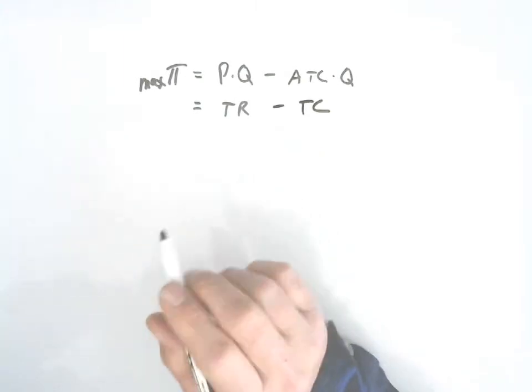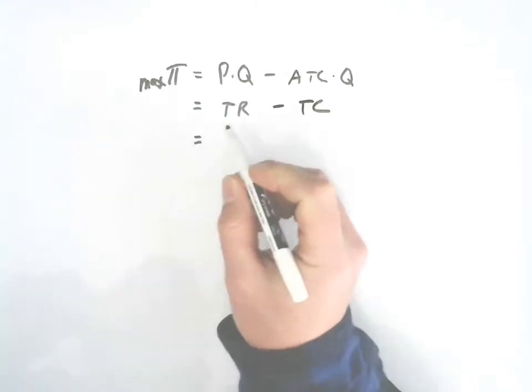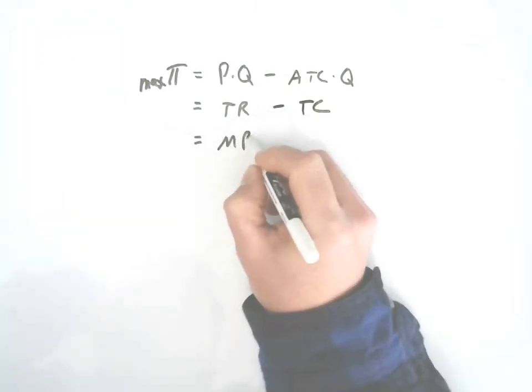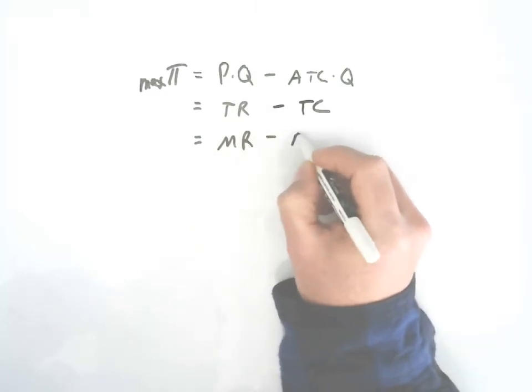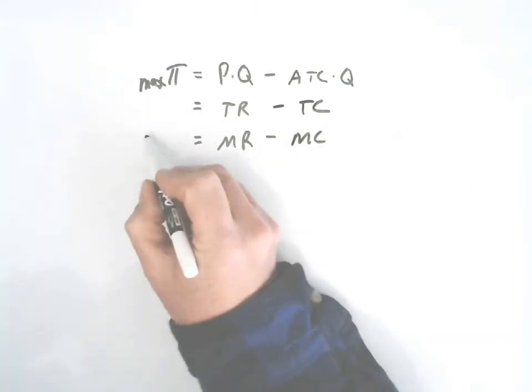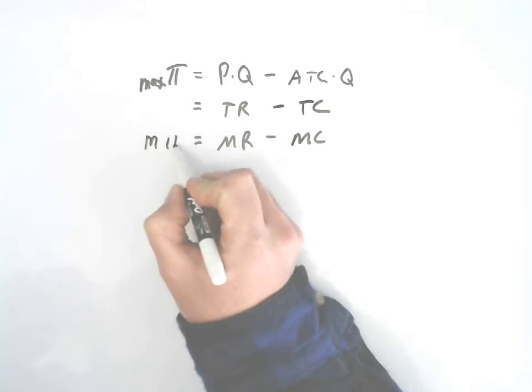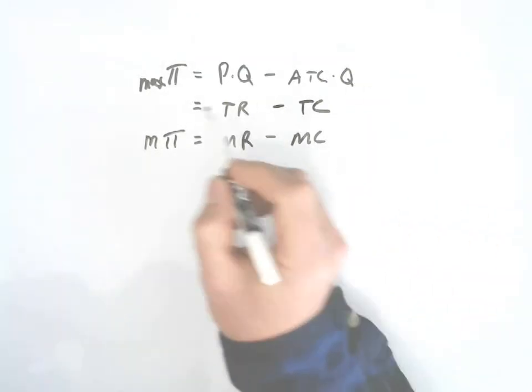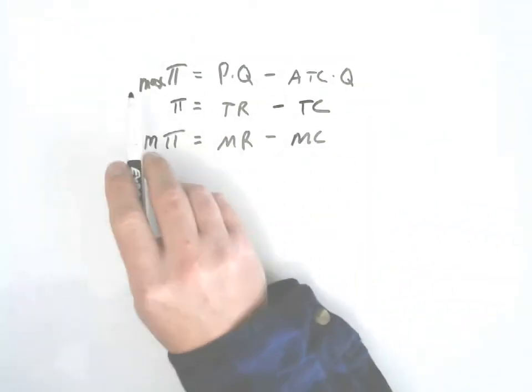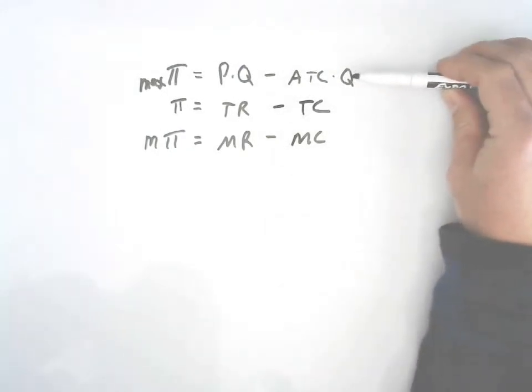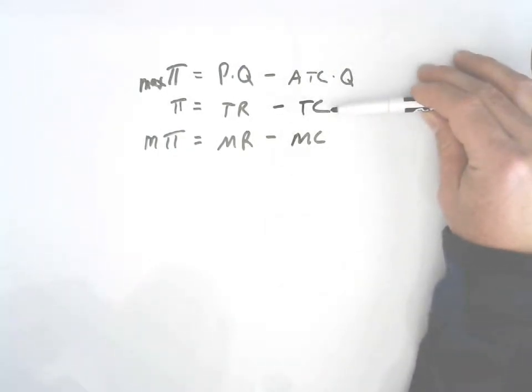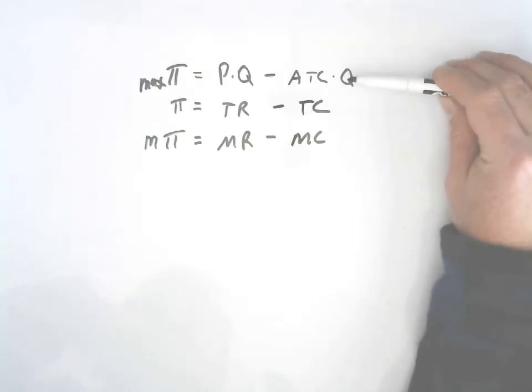If we marginalize that function, so to speak, we get marginal revenue minus marginal cost, and that would equal marginal profit. Okay, so let me repeat all this. The firm's objective is to maximize profits. This is their profit function. They maximize their profits. They make that decision on the margin.